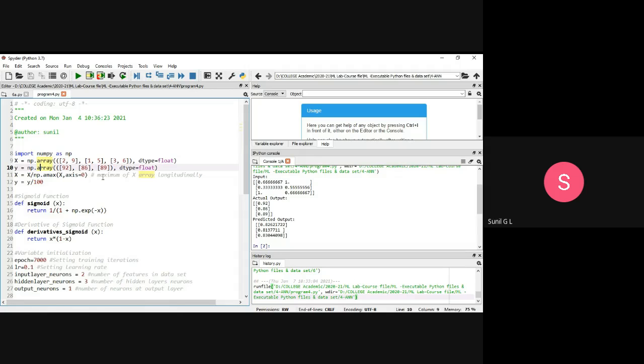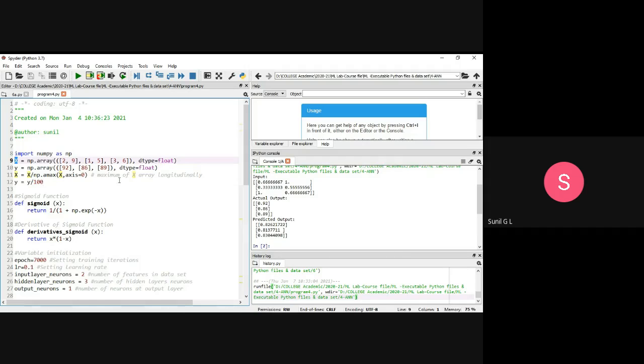Here we are normalizing the x array, that is, the input divided by np.amax, the maximum value. We divide by that particular value, and the output y is divided by 100.